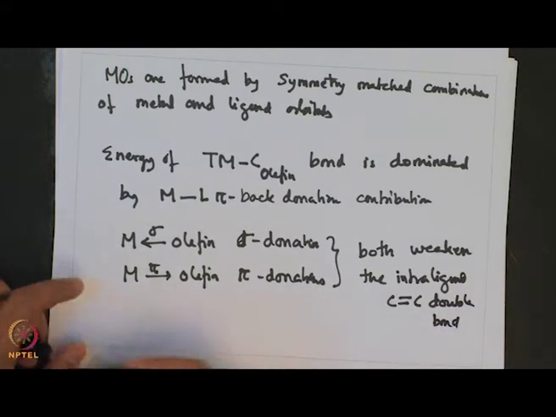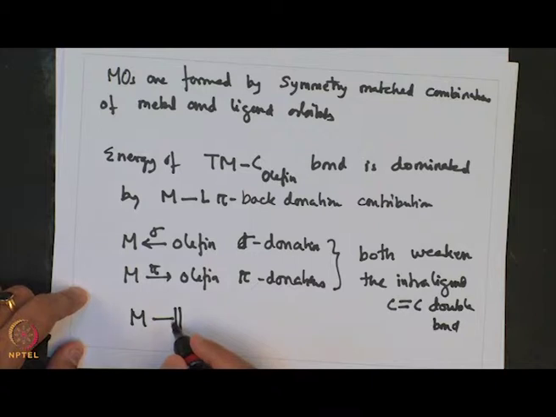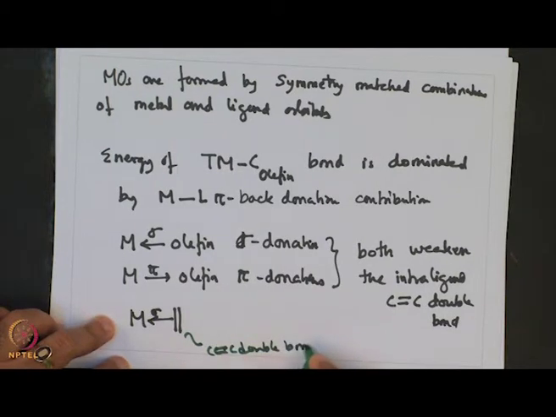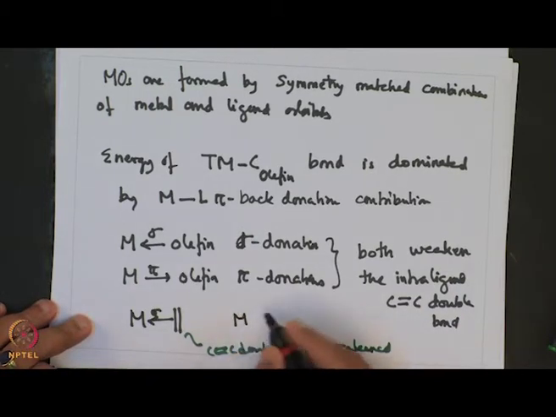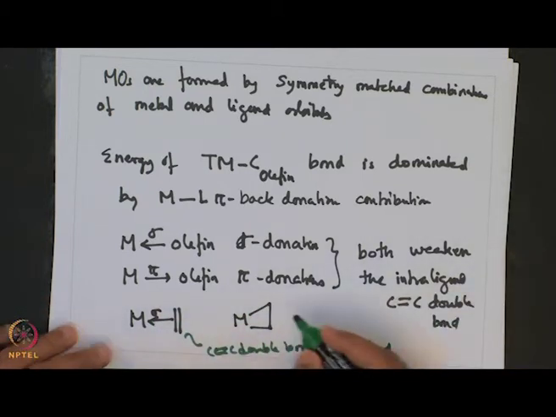The reason being that in the first case, where the pi electron is donated to the transition metal, the CC double bond is weakened. Now, in the next case, when there is back donation, as the donation happens into the pi star orbital, that tries to give the cyclopropane intermediate, where this double bond is weakened or even cleaved.